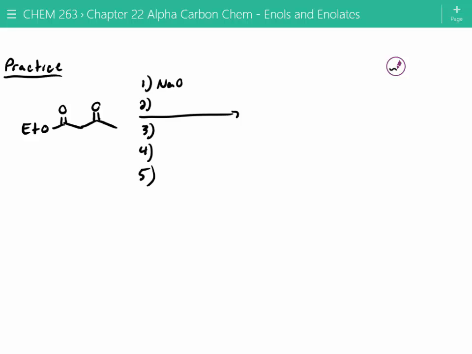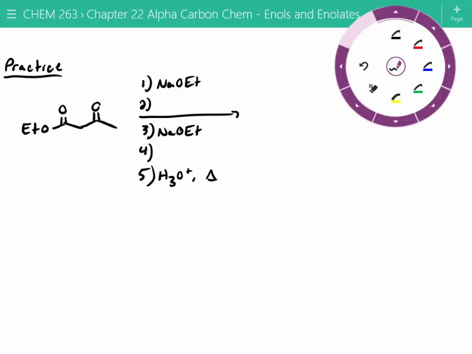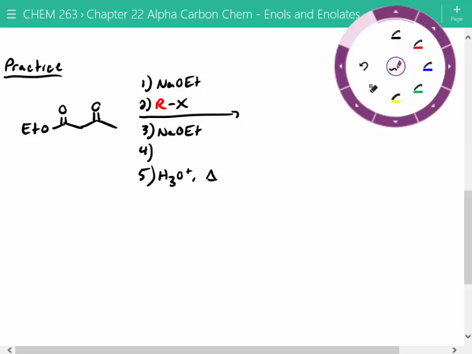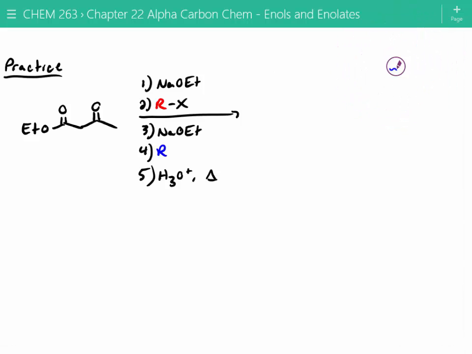All right, steps 1 and 3 follow sodium methoxide. Step 5 is the acid and heat. And then in step 2, I'm going to add in an alkyl halide. And step 4, I'll add in an alkyl halide.